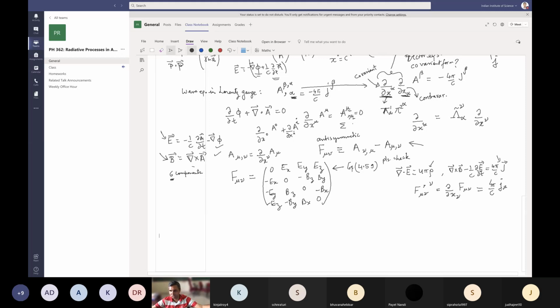Okay, so you should check whether this is a vector equation, right? You're contracting mu, and you have an equation which is satisfied for mu equals 0, 1, 2, 3. So these are actually 4 equations, right? For mu equals 0, 1, 2, 3. So mu equal to 0 must be this one, and these are the mu equal to 1, 2, 3 equations.